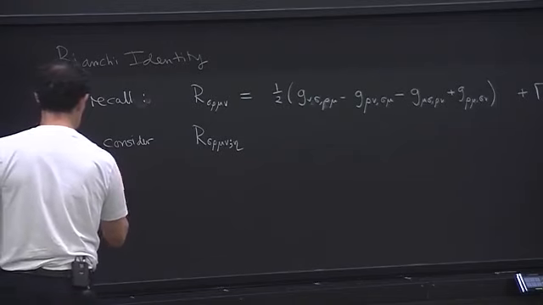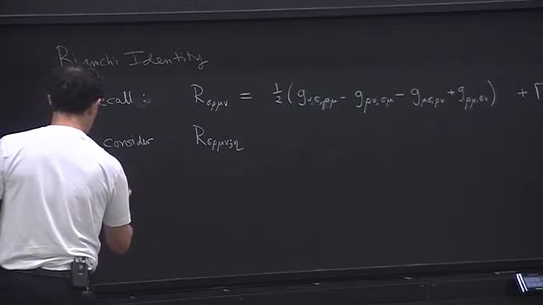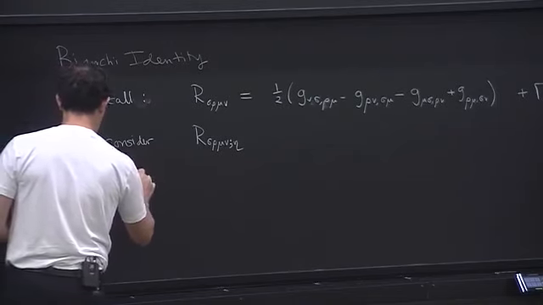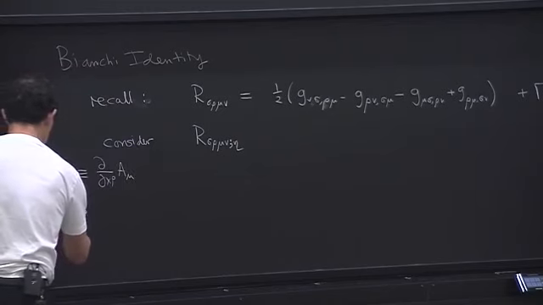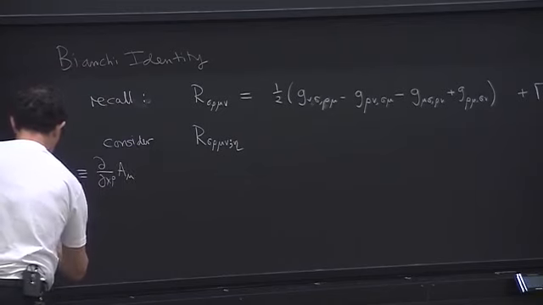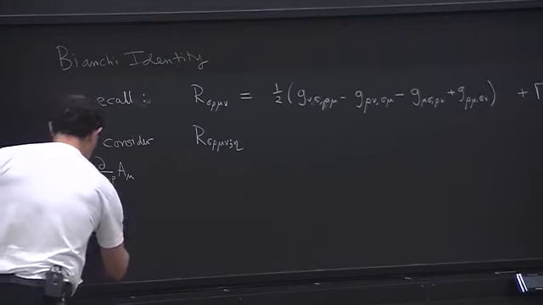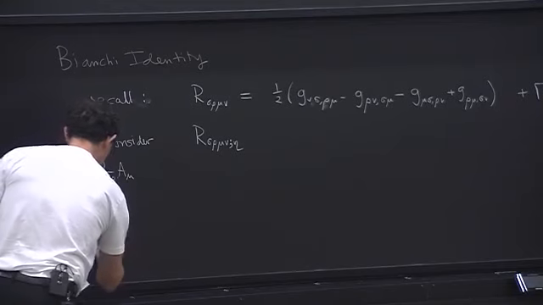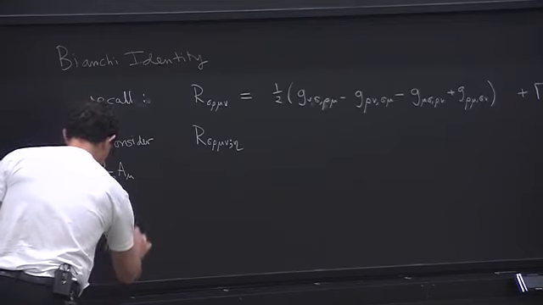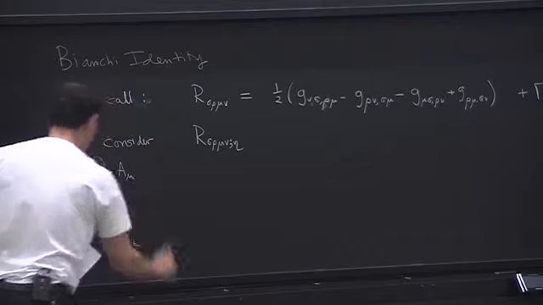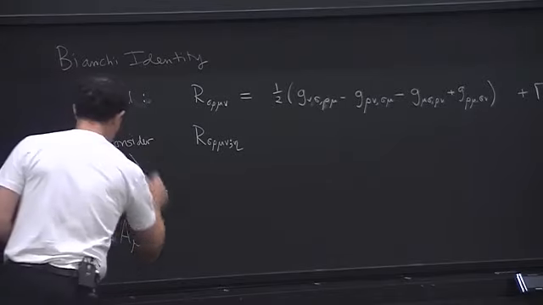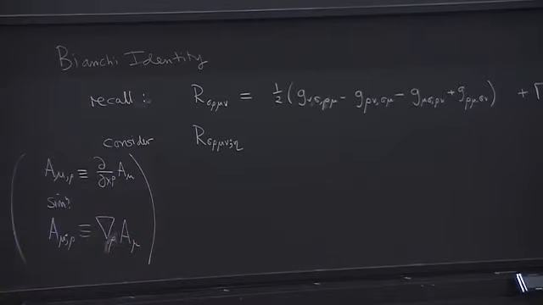This is defined to be d by dx rho of A mu. And similarly, A mu semicolon rho is defined to be the covariant derivative d rho of A mu. Okay, so the semicolon is traditionally used for the covariant derivative.